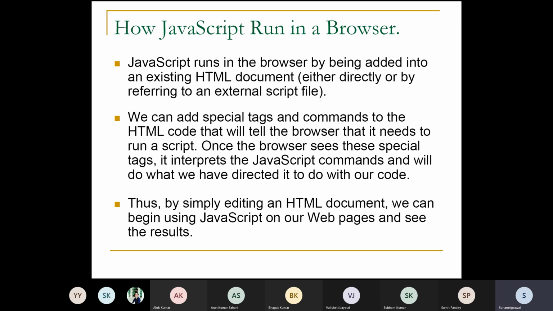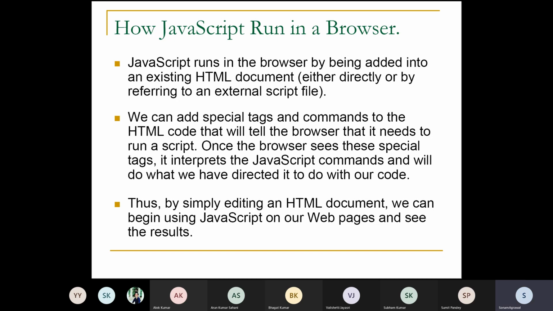Now, there are two ways in which we can include JavaScript in our HTML document. First, inside the HTML document itself, we can add the JavaScript code, but usually it is preferred that we write a separate JavaScript file and call that file, just like the way you call new pages in the anchor tag by using href, or call a new image by using img and src.